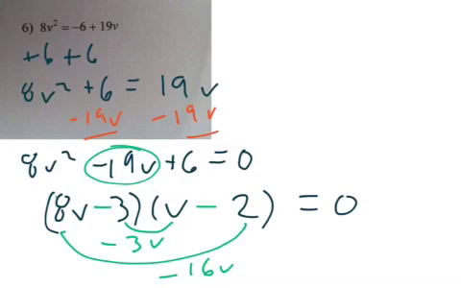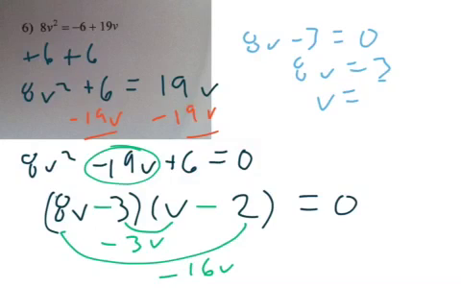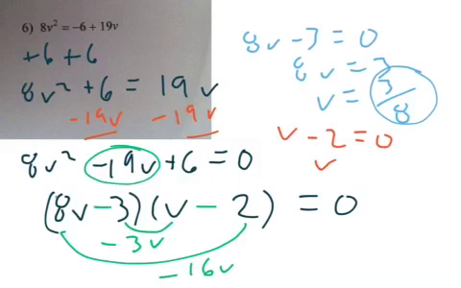So I have to make them both negative. Now comes the next key part. 8v minus 3 somehow has to equal 0, because we are solving for 0. Add 3 to both sides. V is 3/8. Okay? And of course, if v minus 2 equals 0, v must be 2, right?